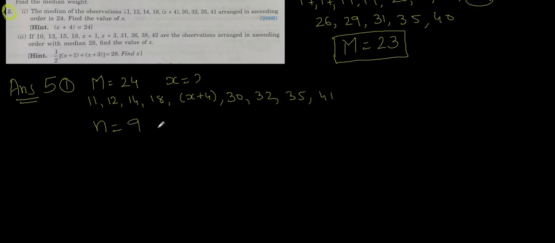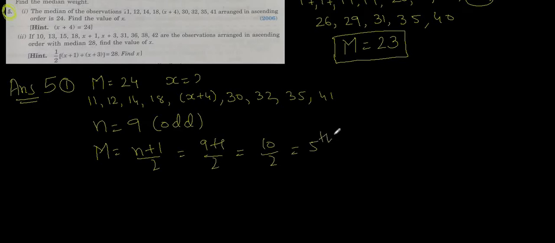So it is 9 observations. 9 means what? Odd number. Then the formula for median is (n plus 1) upon 2, is equal to (9 plus 1) upon 2, is equal to 10 upon 2, is equal to 5th observation. So m is equal to the 5th observation, 1, 2, 3, 4, 5. So it is x plus 4.